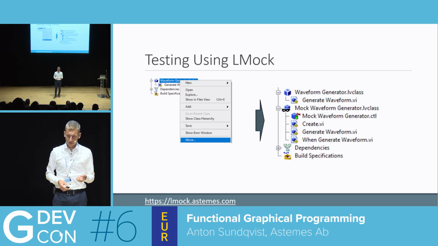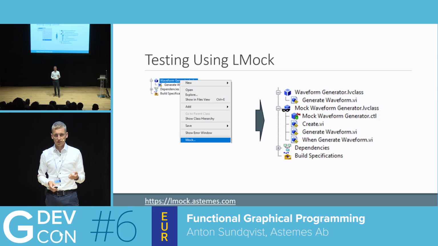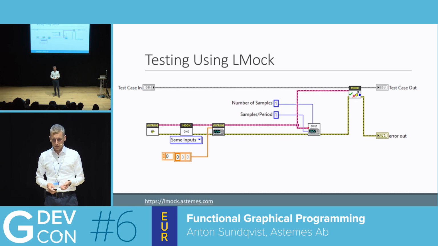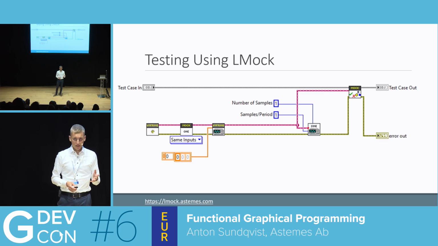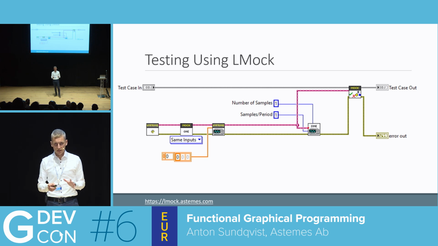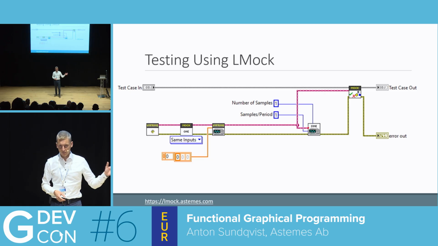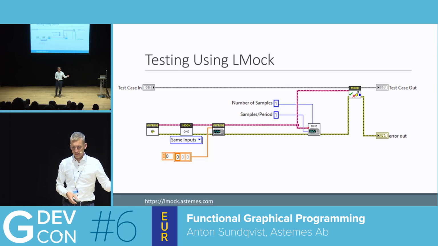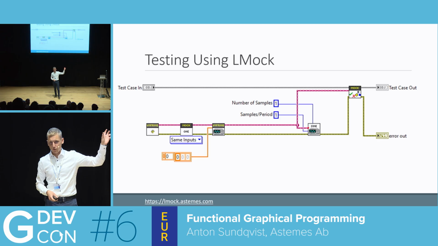The generate waveform VI we can use to verify that the proper calls have been made to the mock during testing. So we can write a test like this. And if you haven't seen LMOC before, this might look a bit odd. But once you get the hang of it, it's very expressive and easy to read. It reads from left to right. We create the mock. And then the next two VIs need to be read together.